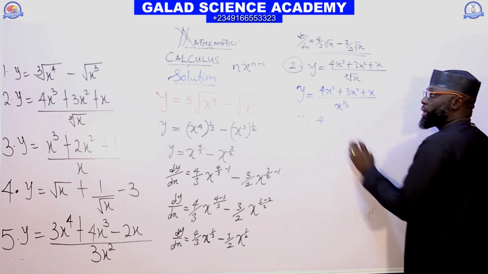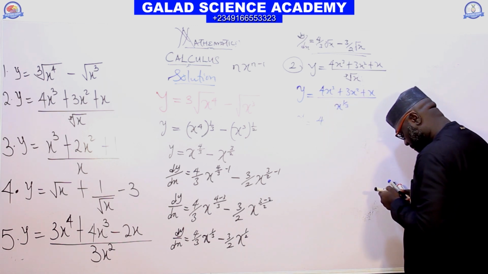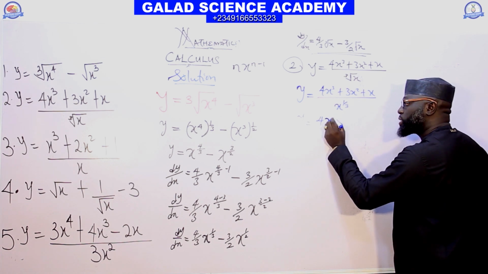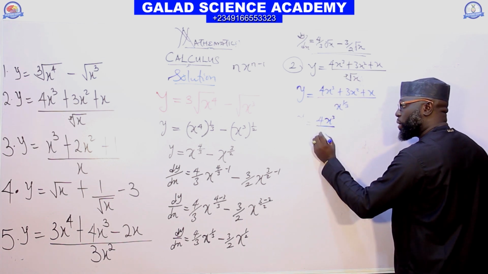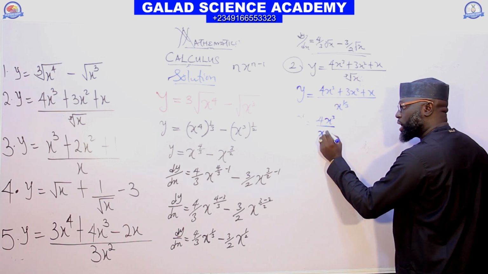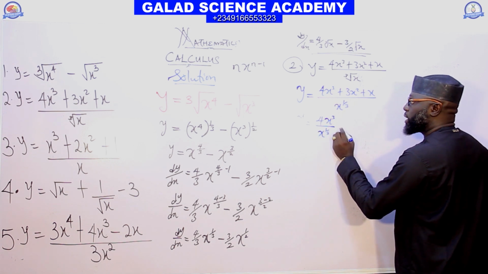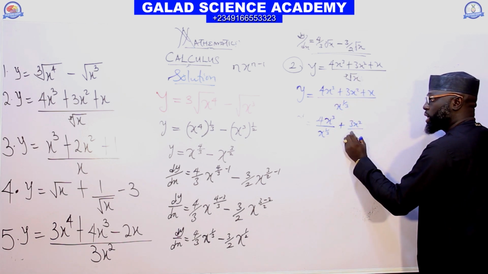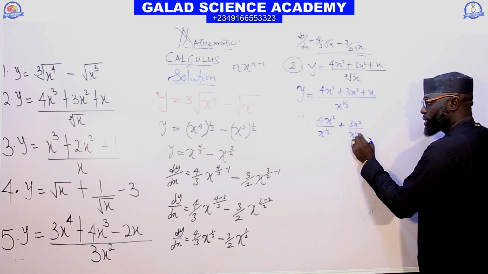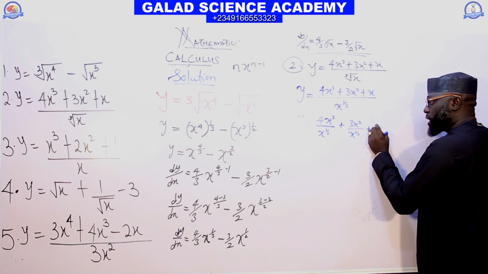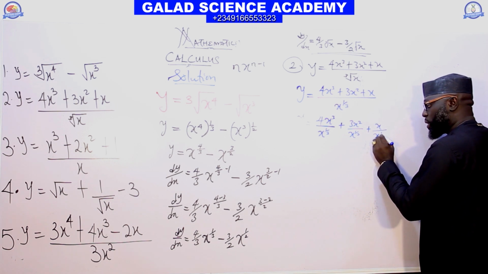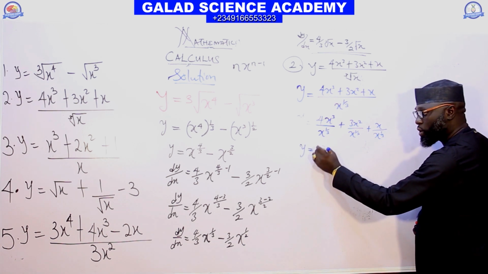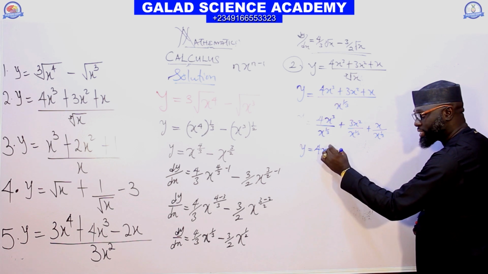You now have 4x cubed over x raised to power 1 over 3, plus 3x squared over x raised to power 1 over 3, plus x over x raised to power 1 over 3. So y equal to 4x exponential 3.